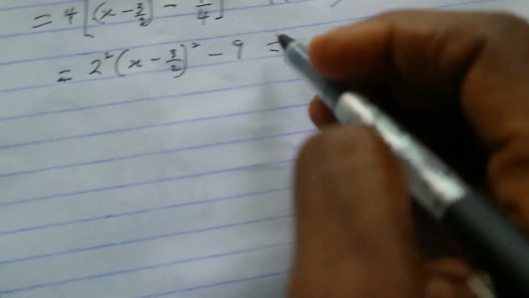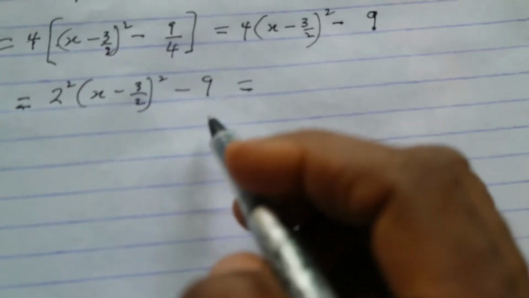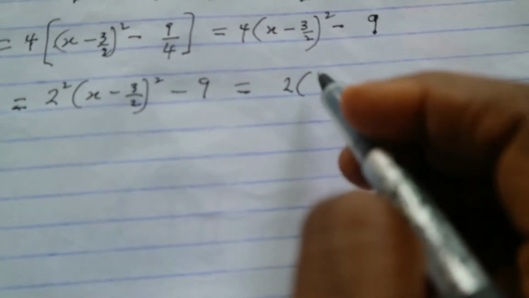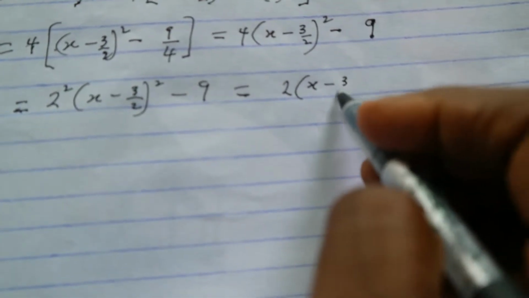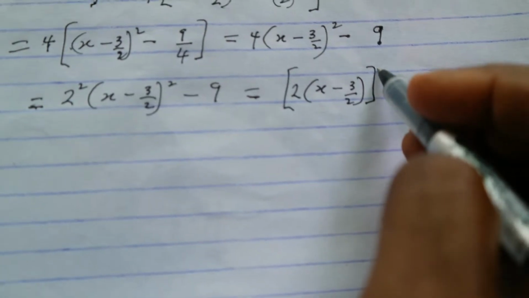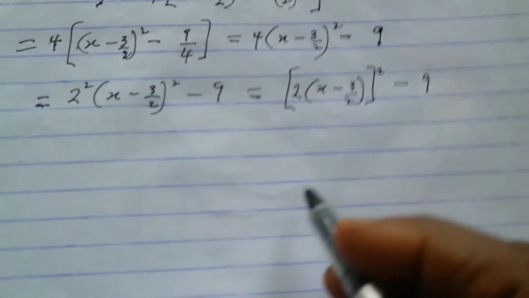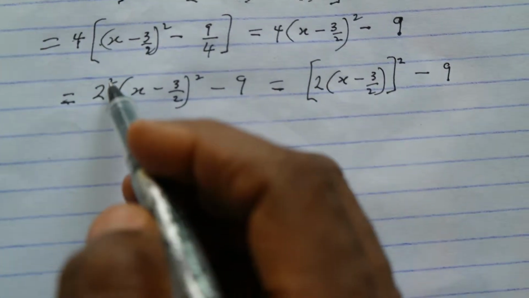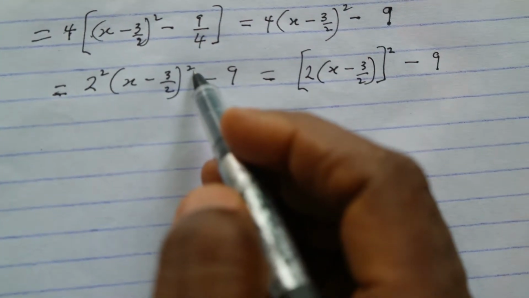So this is the same thing as 2 into x minus 3 all over 2, all squared, minus 9. Remember, we have 2 here as the power, we have 2 there as the power.